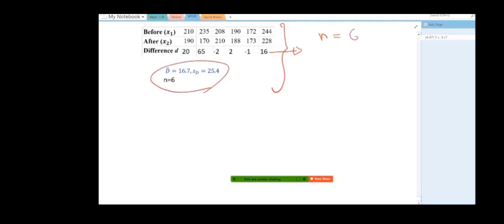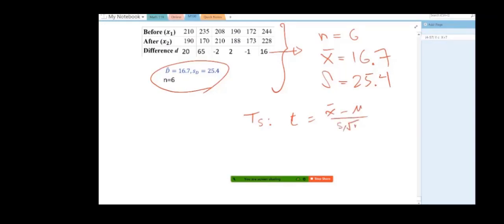Because of this calculation, I can say x bar is 16.7, s is 25.4, and I do the test of hypothesis on this one. The test statistic, remember, was x bar minus mu over s over square root of n, and you put it in here.